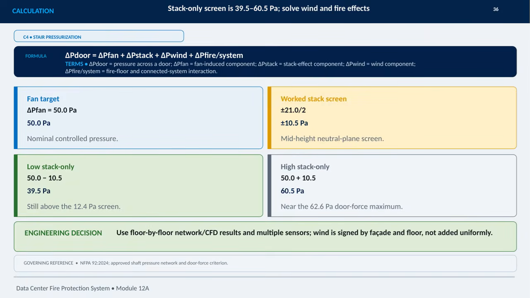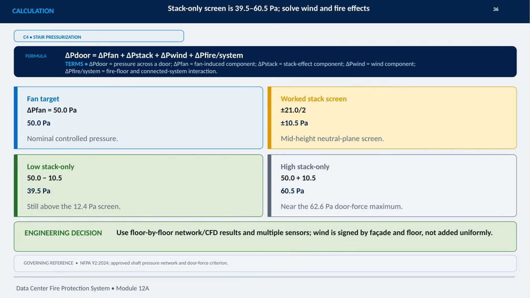That produces a low stack-only condition of 50.0 minus 10.5, or 39.5 pascals. At the high end, 50.0 plus 10.5 gives 60.5 pascals. The important point is that the stack-only range runs from 39.5 to 60.5 pascals.